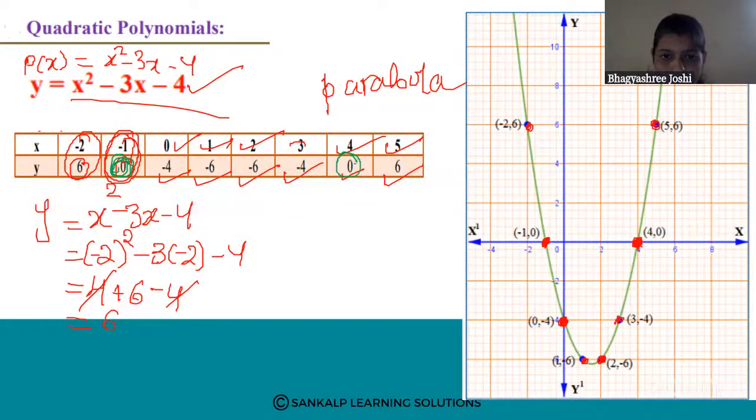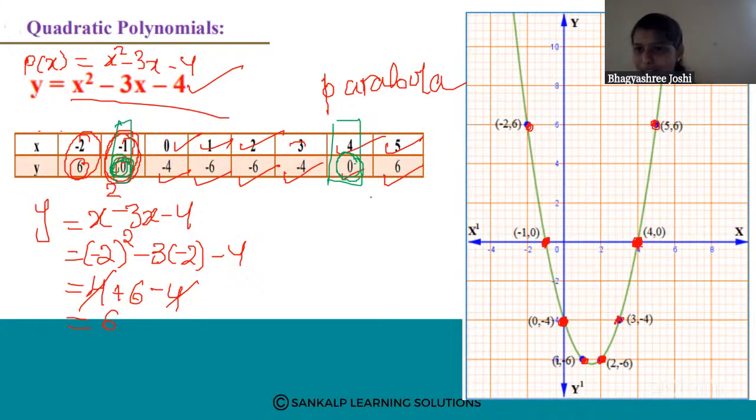So y value is 0. When you substitute x is equal to 4, y is equal to 0. That means polynomial value is 0 in two cases. That means it has two zeros. That is 4, 0 and minus 1, 0. Let us see if the same values have come in the graph. -1, 0, 4, 0. Yes.